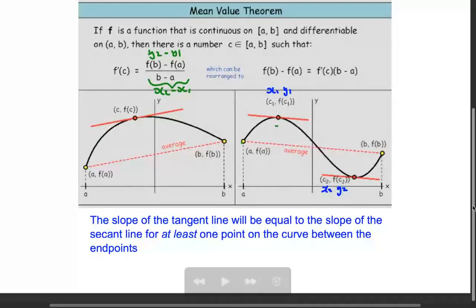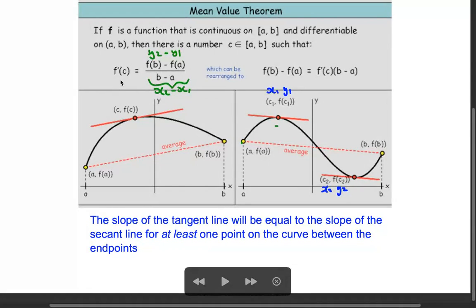First of all, we're going to make sure that the mean value theorem applies, and in order to apply, the function has to be continuous and it has to be differentiable. Once we have verified that those two things are in fact true, then we can use the properties, knowing that there is going to be some point between the endpoints that has the instantaneous rate of change equal to the average rate of change. And we can apply this mean value theorem to help us find what that point is.